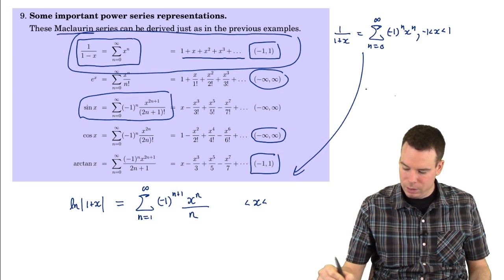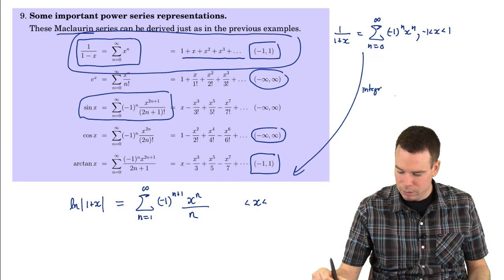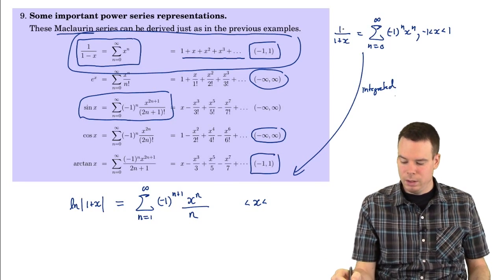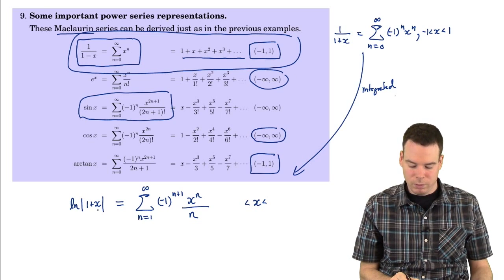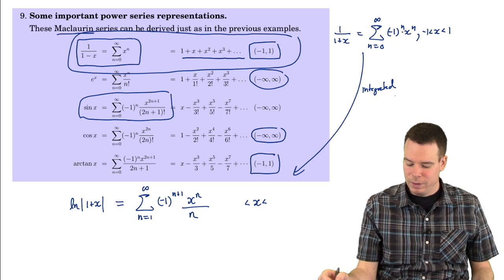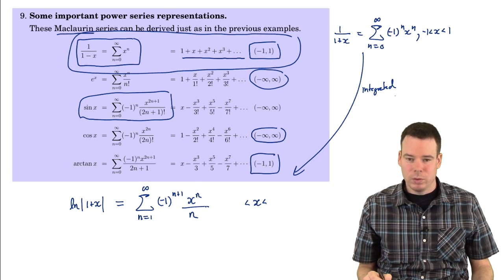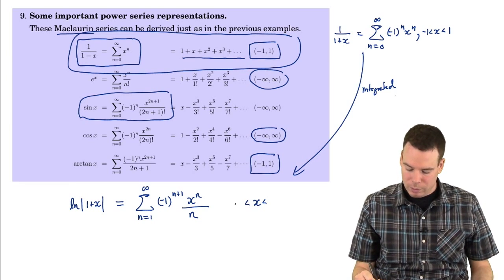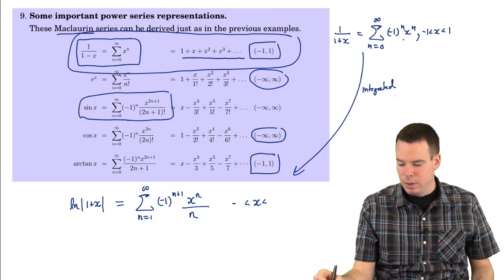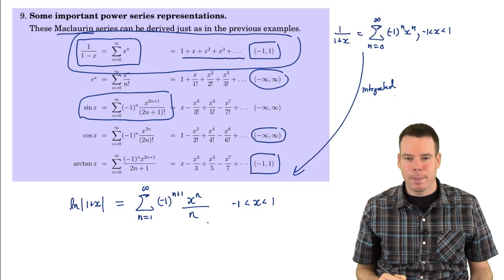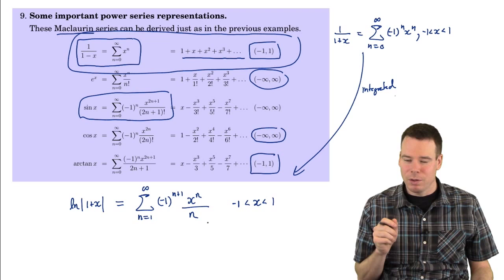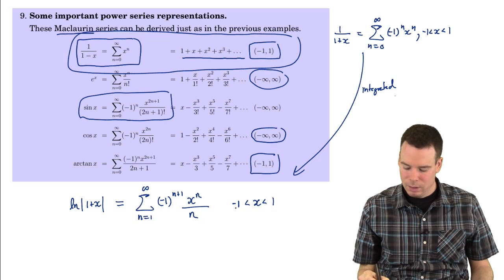Now to get down to here, we integrated each side. The integral of 1 over 1 plus x is the logarithm of the absolute value of 1 plus x. The integral of this thing is the series we have on the right. So if the original radius of convergence is 1, then the radius of convergence for this series must also be 1. But we still need to figure out what's going on at the endpoints.